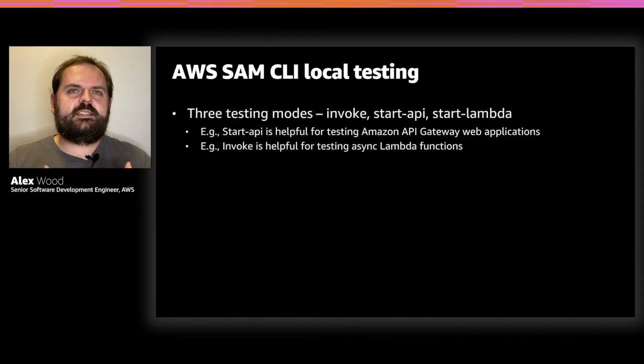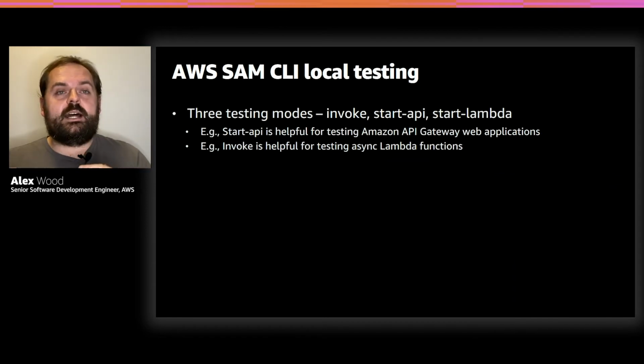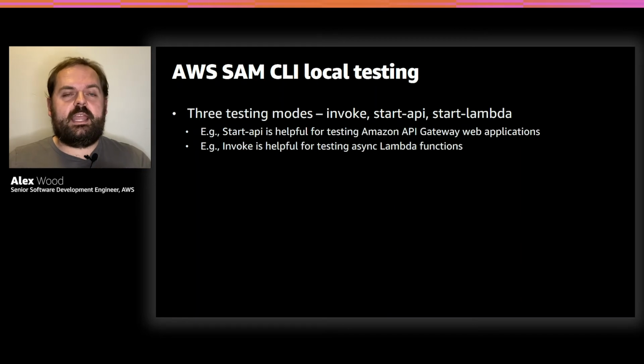The three testing modes that we support are invokes, which run a single instance of a single Lambda function; start API, which starts up an API Gateway simulation on your local machine and then routes invocations to different Lambda functions as appropriate. We also have a start Lambda testing mode, which will simulate the Lambda API itself.